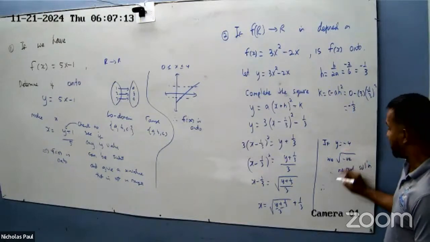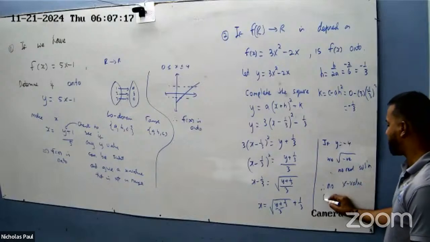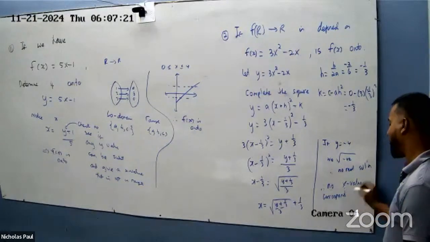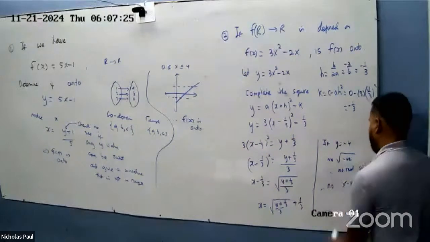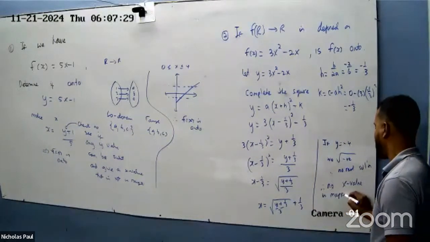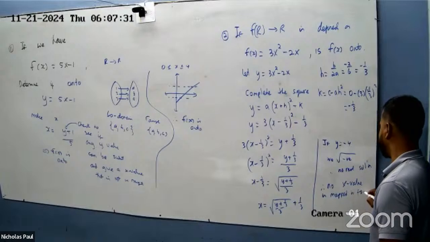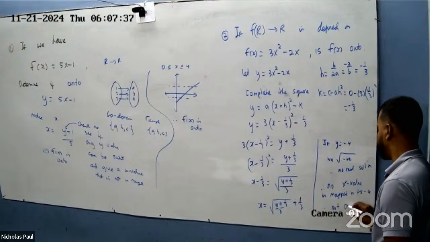Okay, so no x value corresponds, or no x value, let me use corresponds. No x value is mapped to -4. Therefore, the function is not onto.